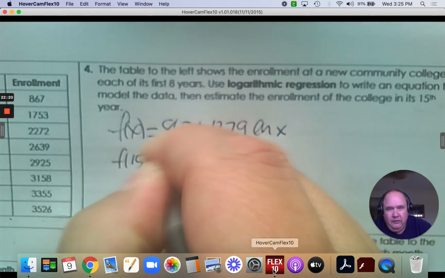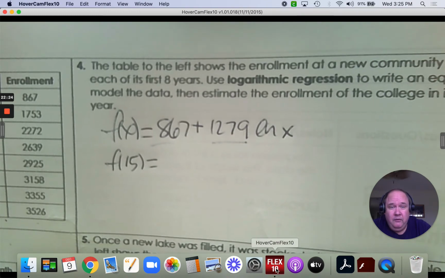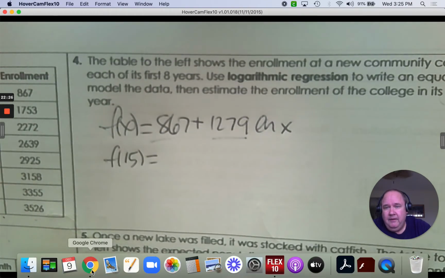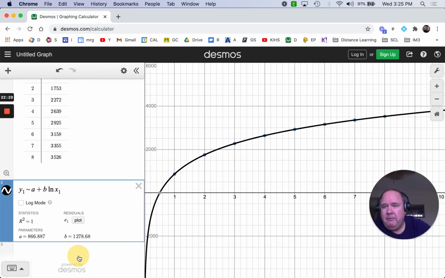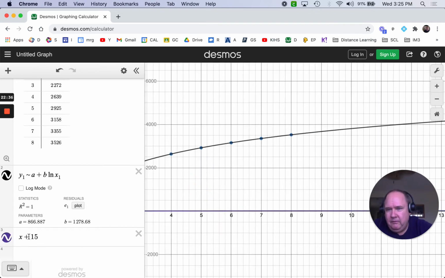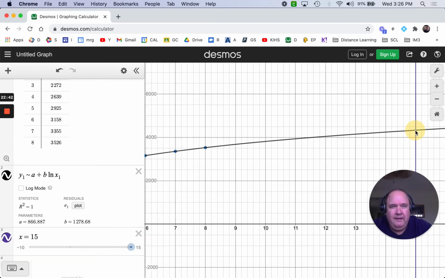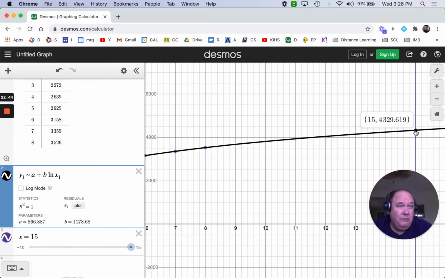Now, one way you can do it in Desmos is 15 represents the x coordinate, or the first column. So if I type in x equals 15, and then move the graph over to 15, where they intersect will give you the answer. There are different ways you could do it, but that's definitely one way.